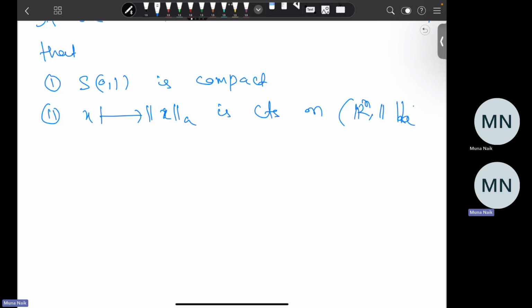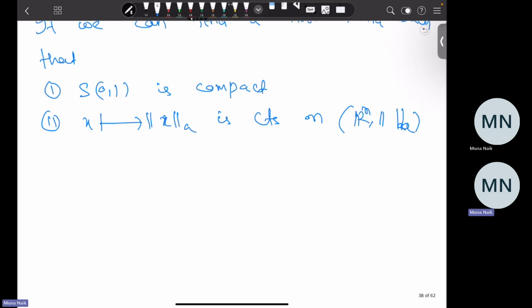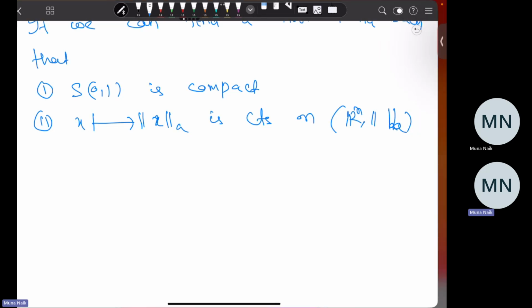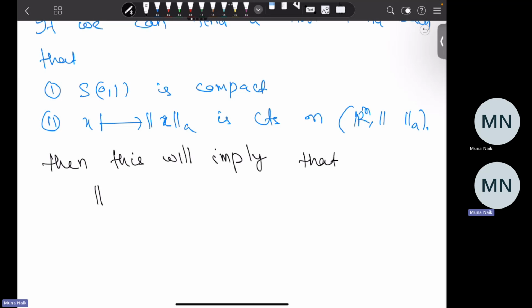So what we will get is that if we can find a norm A such that S01 is compact, and if we can show that x going to norm xp is continuous on Rn, then this will imply that norm A is equivalent to norm B.